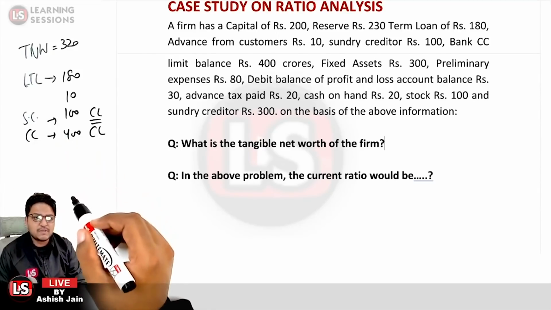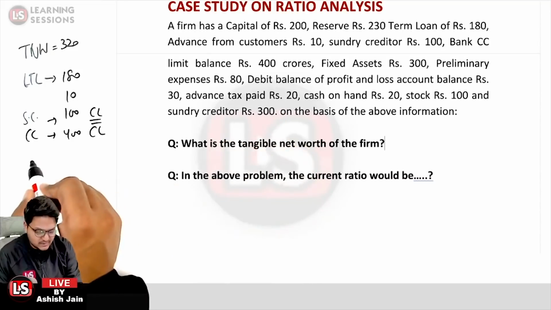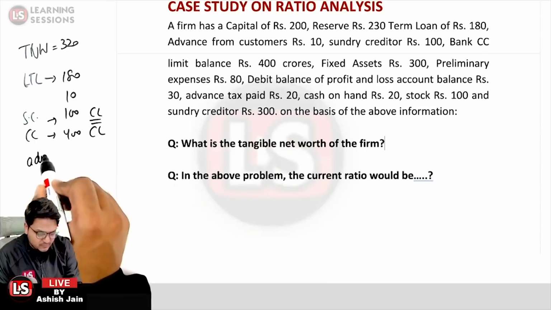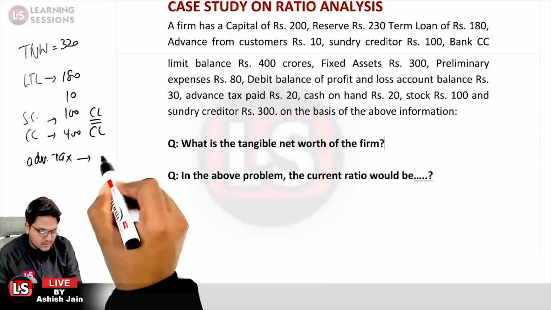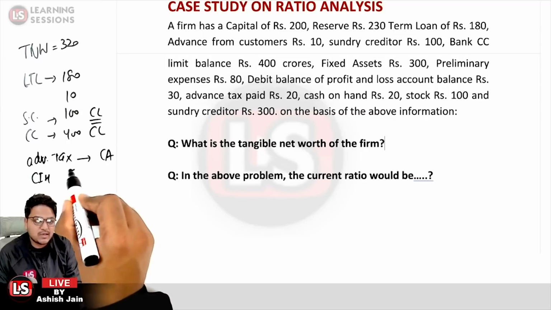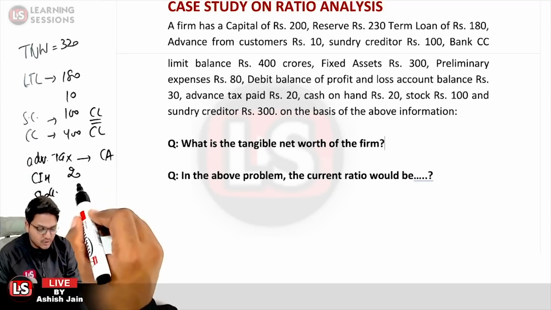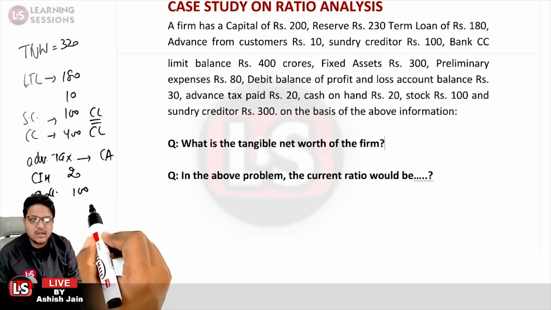Fixed assets are of the fixed asset type, and for the advance tax, these are current assets. Advance tax if paid is a current asset. Also cash in hand, CAIIB, is a current asset amounting to 20. Stock is also a current asset, but it must not be older than 6 months, amounting to 100.